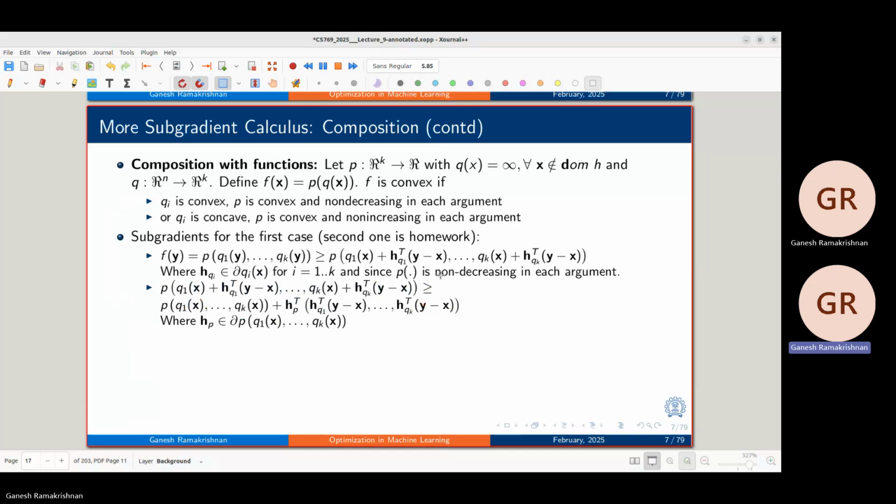I'm just suggesting HP 1. Should I consider element wise? Should be okay. By the way, the HQIs are also vectors.